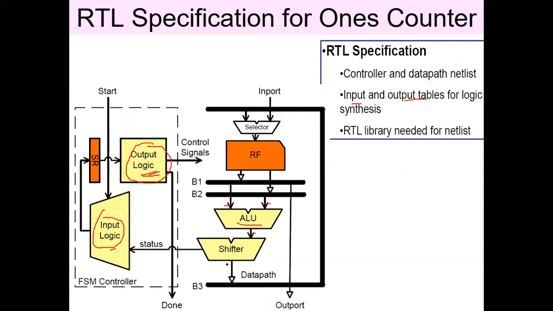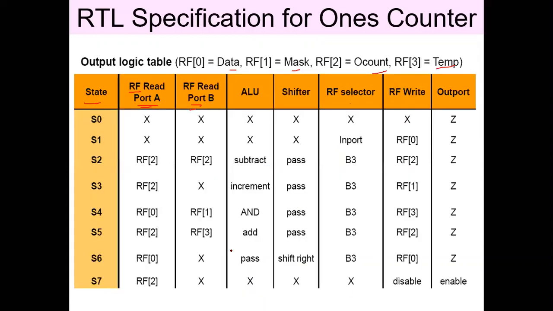What should be the operation of this ALU and what should be the value of the shifter? Then the register file selector should be there, from where the register has to be taken.